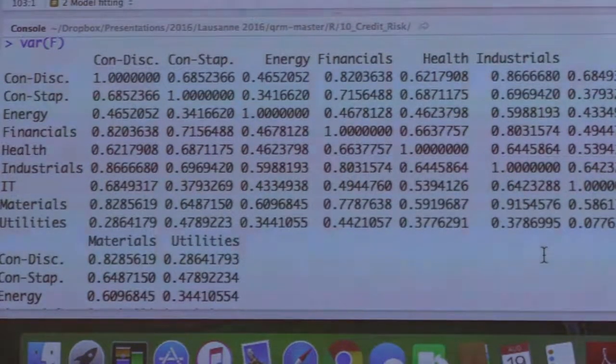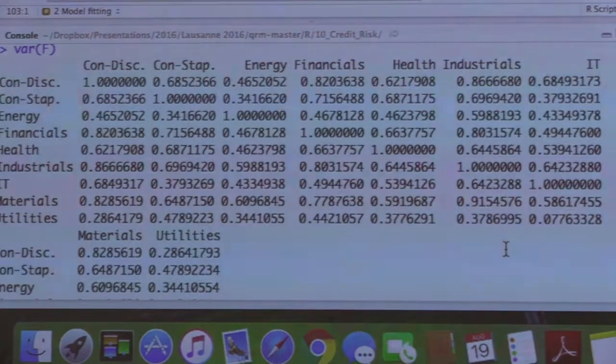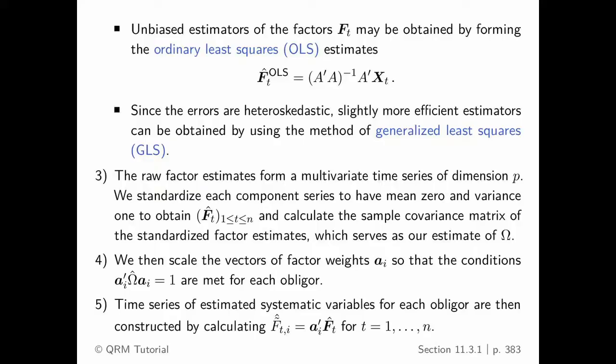And the only thing I still need are the beta i's. So we're going to construct the systematic terms for each obligor. Going back to the notes, what I have are the factors ft at each time point. That's the 9 time series. I know which firms are in which sectors, so I construct the systematic part for each firm, FTI.